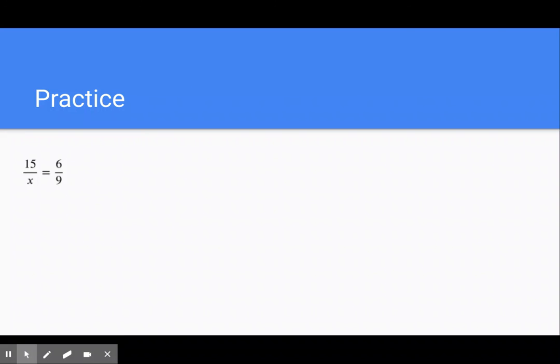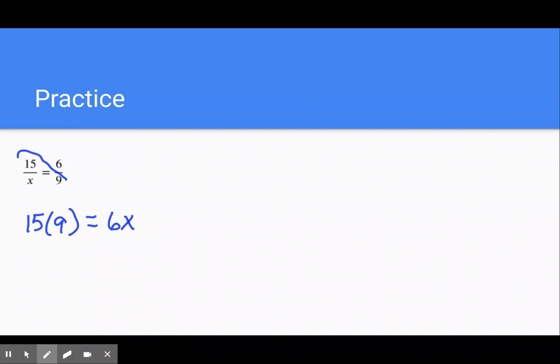So now you've got 15 over x equals 6 over 9. You can do it. You can set it up. 15 times 9 equals 6x, and then figure out what 15 times 9 is, and then divide by 6.